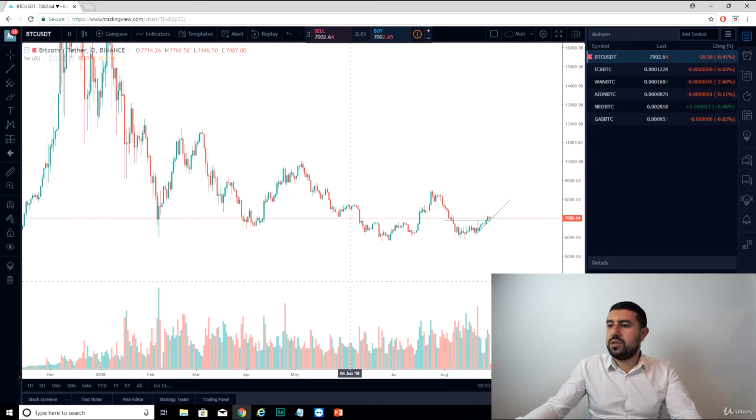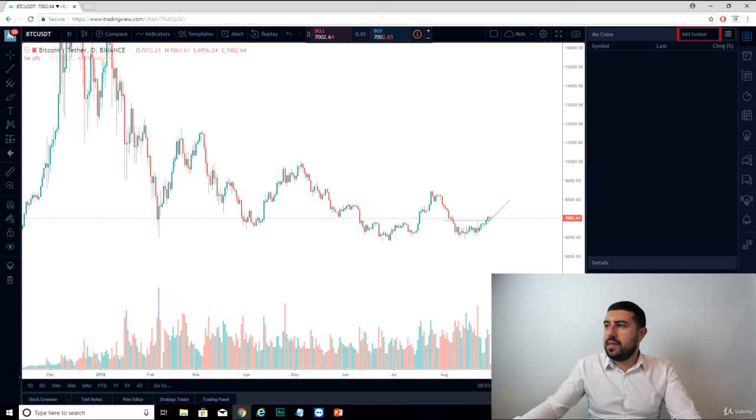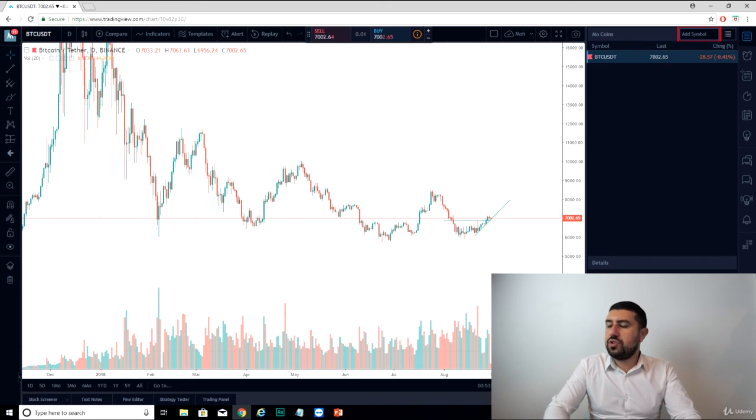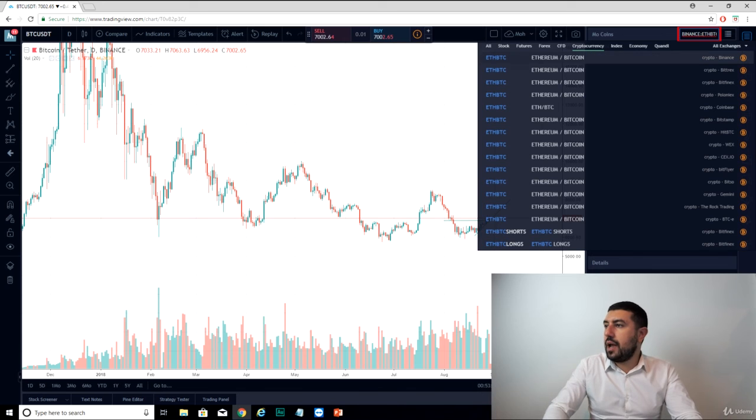Another really nice thing about Tradingview is you can create a watch list here. I could create a new watch list and call it Mo Coins, let's say, and then put a list of coins that I look at. So let's say Bitcoin, USDT, enter. Maybe I can put Ethereum, BTC, and I want Binance. Again, you have all the list of exchanges.